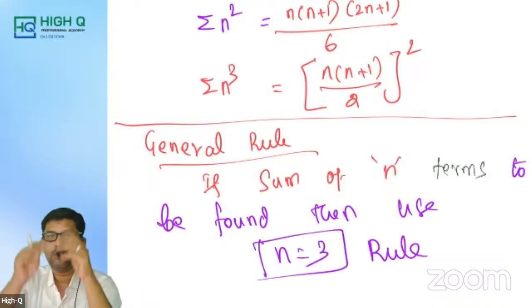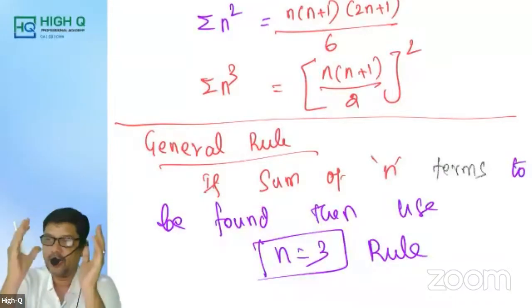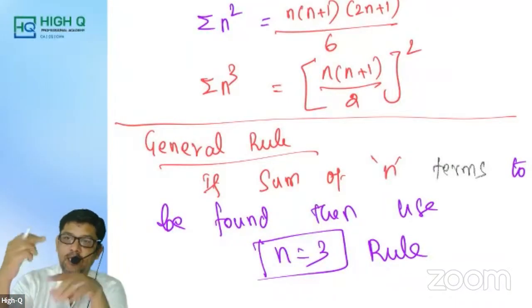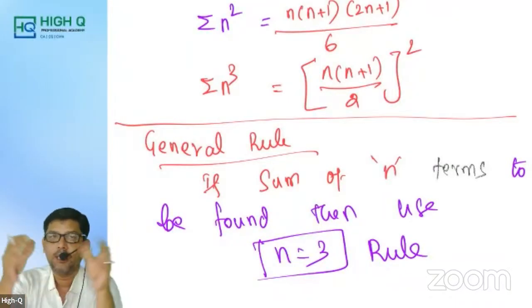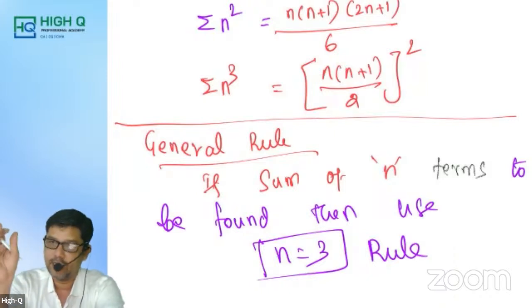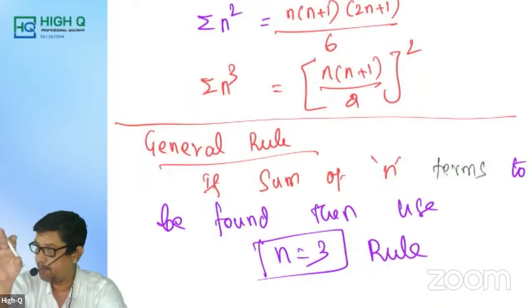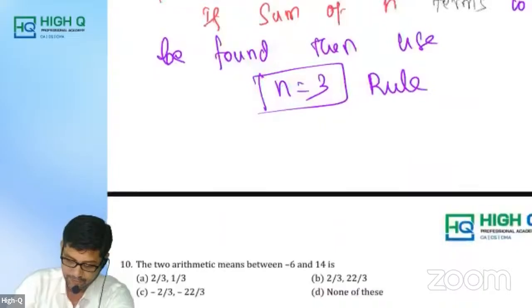What is meant by the n equal to 3 rule? Some sequence will be given, and the sum of n terms is asked. Add the first 3 terms and keep it aside, substitute n equal to 3 in the options, and whichever option satisfies the total of the 3 terms is your final answer. Please remember this: the n equal to 3 rule.